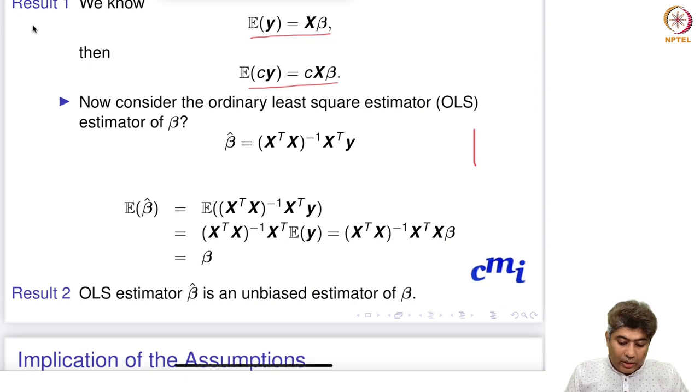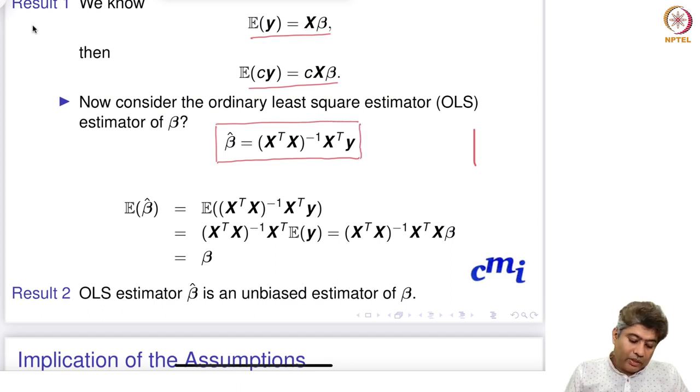Now, this is an interesting thing because now consider the ordinary least square estimator, the OLS estimator of beta. This is our OLS estimator of beta, correct? If you see x transpose x inverse x transpose, this part is the deterministic part, but y is the non-deterministic part.